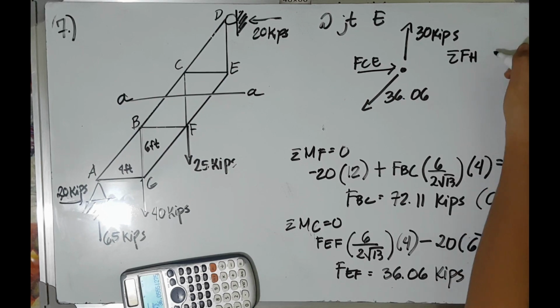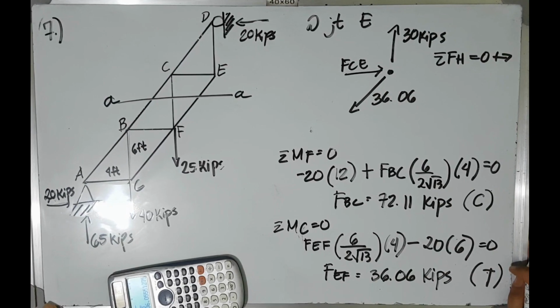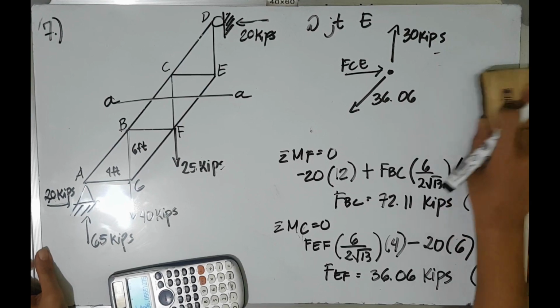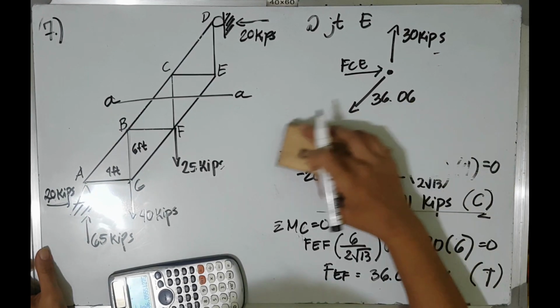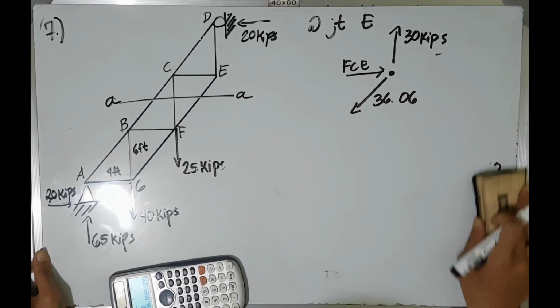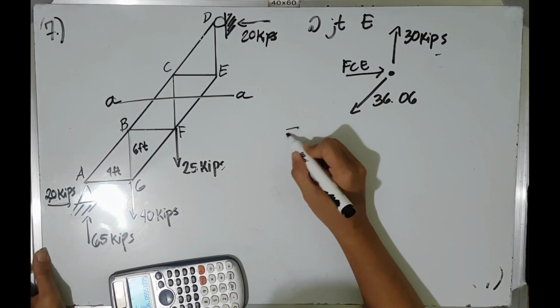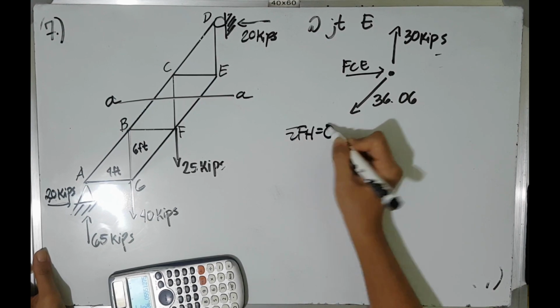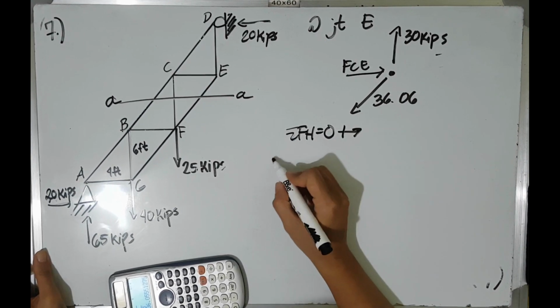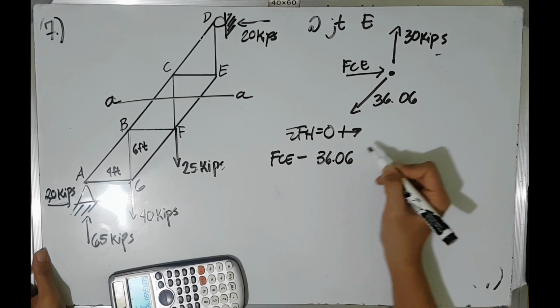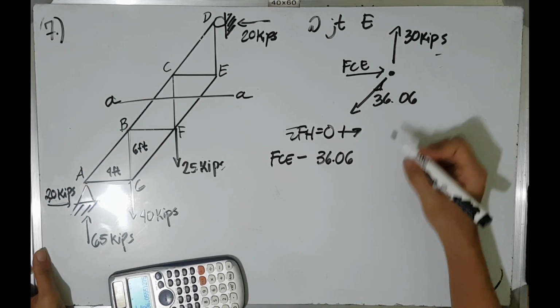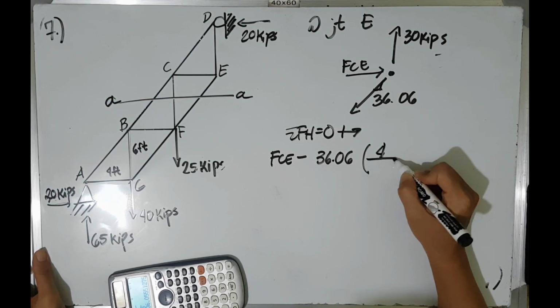Therefore, taking the summation of forces horizontal is equal to 0, right direction as positive. So force CE minus 36.06, and then the slope is 4 all over 2 square root of 13, is equal to 0.